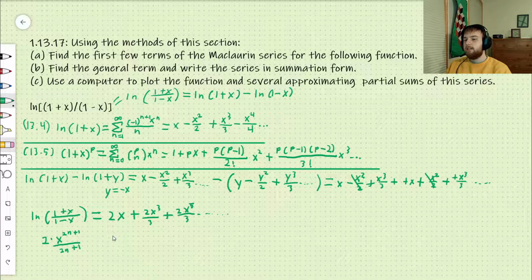The series in summation form is just the same thing, but you've got to remember where to start. We're starting with n equals 0 because our first term is an x to the 1 over 1. And it does go off to infinity. The sum of 2x to the 2n plus 1 over 2n plus 1. So these are our answers here.